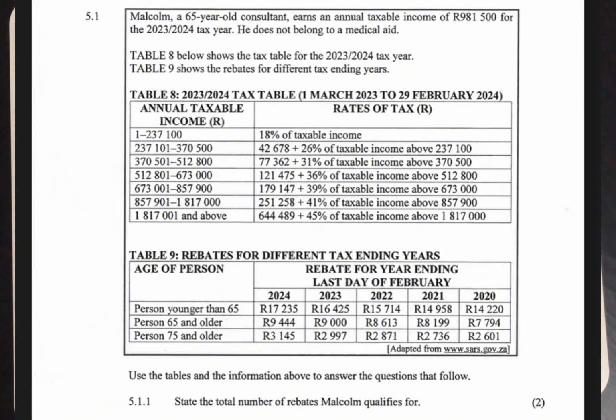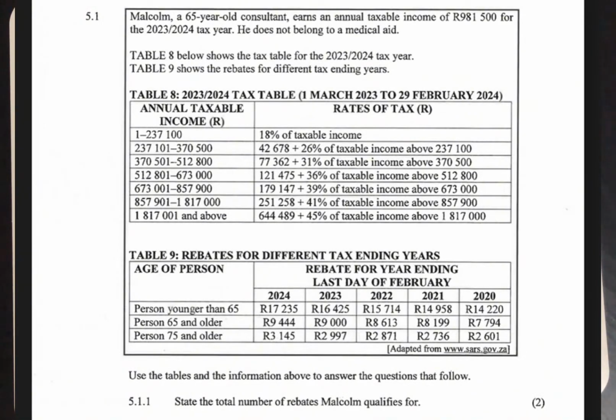The question wants us to state the total number, not the total amount that this person is going to be relieved of, but the total number. And we know that rebate is determined by the age of the person. And we explained before that the first rebate is for people between 0 and 64 years, because they're saying person younger than 65, meaning that a person who is 65 years old does not qualify for the first rebate. 65 years old is for the next rebate.